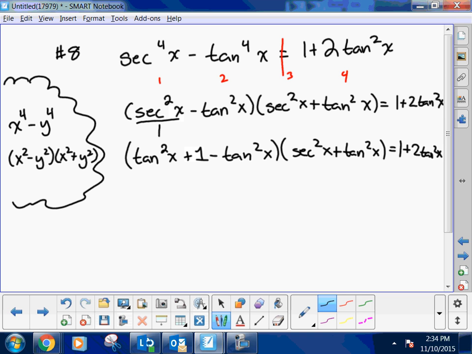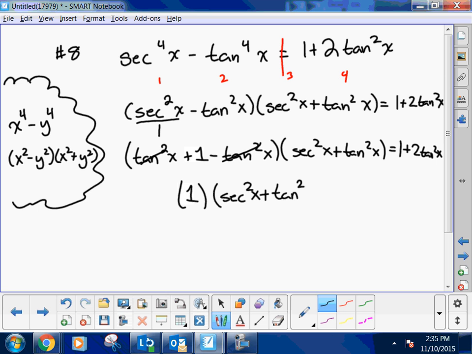We have additive inverses in the tangents: a tangent squared x and a negative tangent squared x. That's lovely because I can now easily remove those from the equation. So we discovered that these cancel, and we lead with 1, and we just have secant squared x plus tangent squared x.